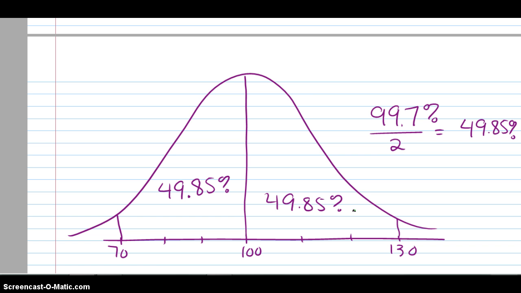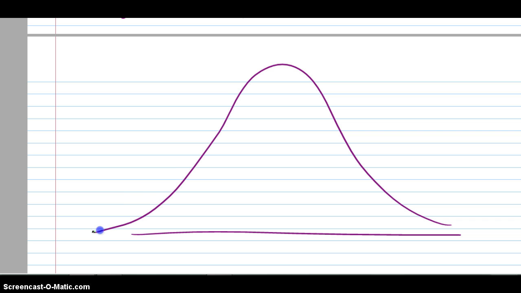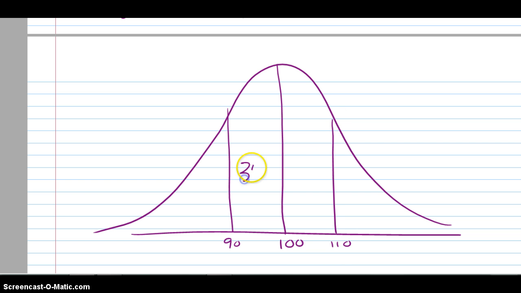We can do better. Here's my average mean IQ score of 100. I go down 1 standard deviation to 90, up 1 to 110. We said we had 34% on either side, 68% divided in half. If I go down to 80, well, we said that this whole area was 47.5%.